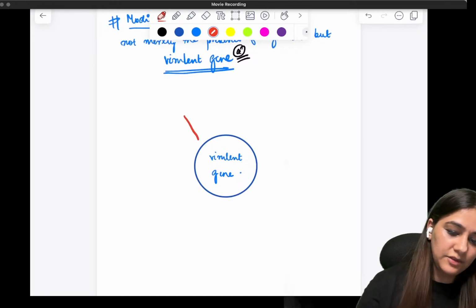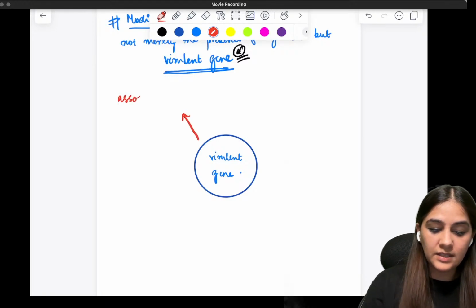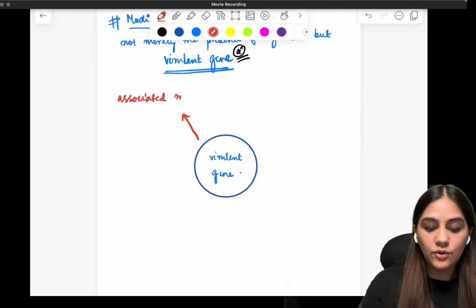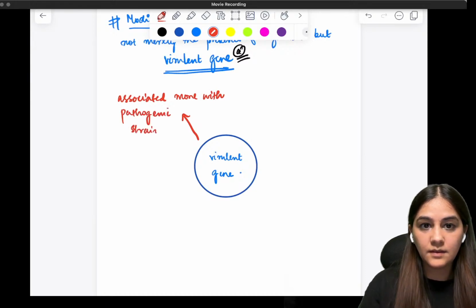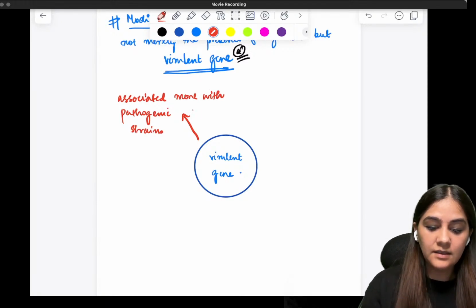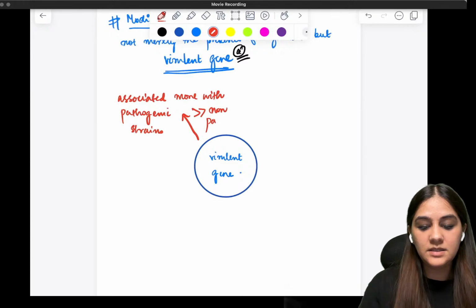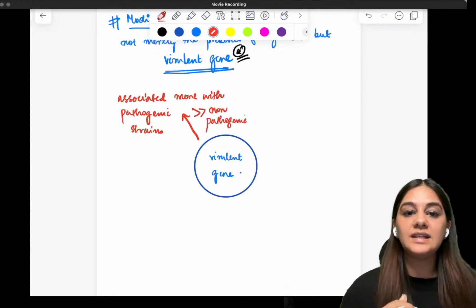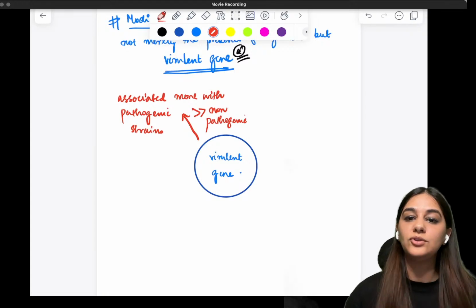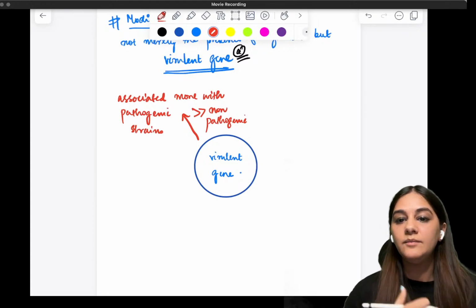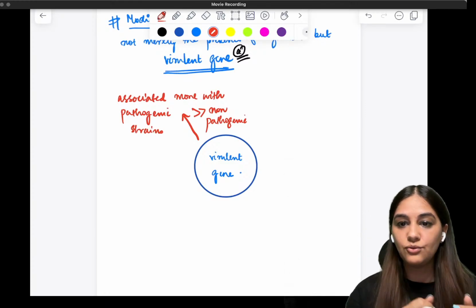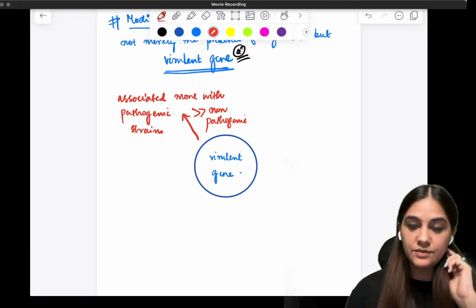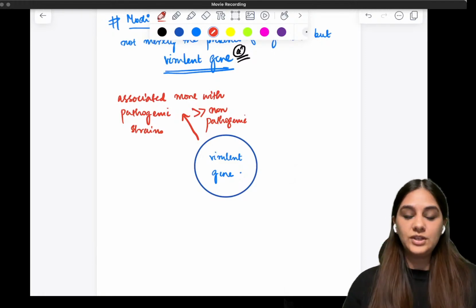They said that these virulent genes are actually associated more with pathogenic strains than the non-pathogenic strains. That means the pathogenic strains will contain these virulent genes compared to the non-pathogenic ones, the ones that are not causing a lot of disease. So this virulent gene has to be present in the pathogenic strain to cause the disease. So this was the first modified postulate that they gave us.